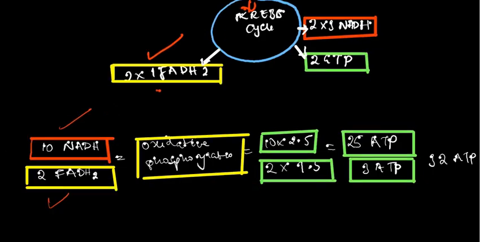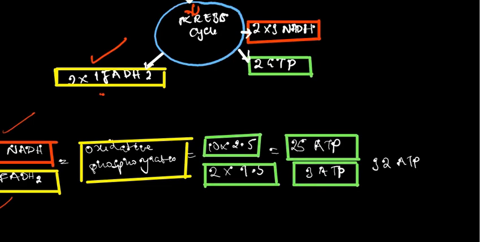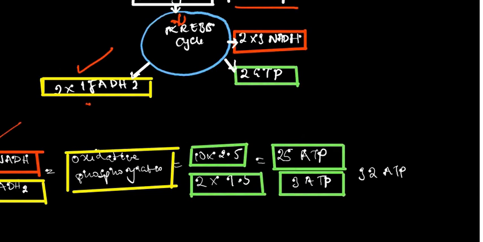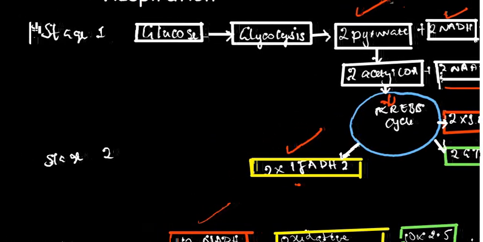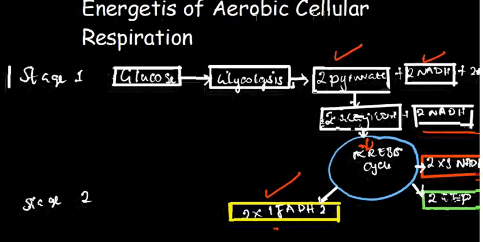It gives us 25. And there it gives us 3. So in total, under oxidative phosphorylation, what you're going to have is a total of 32 ATP molecules that are formed as a result of oxidative phosphorylation. Okay, so this is what was going on.